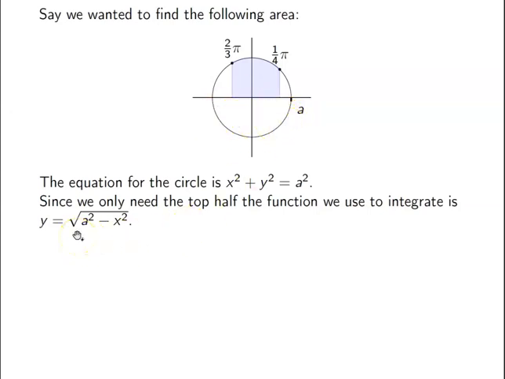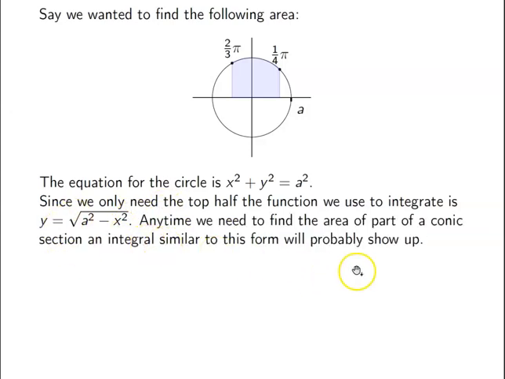So we can use the positive form of the semicircle, which is basically just taking this equation, solving for y. Normally, we would have the plus or minus to give us the top half and the bottom half. But since our area here only has to do with the top half, we will just use the positive semicircle function, right? So that's the square root of a squared minus x squared.